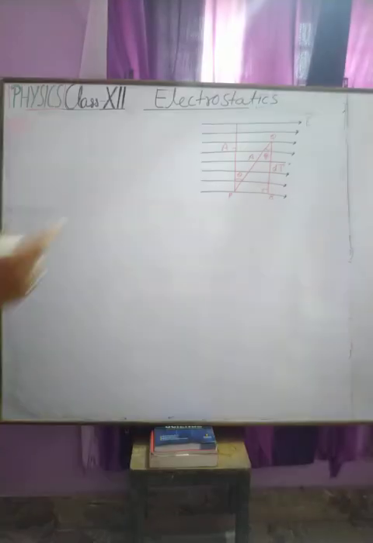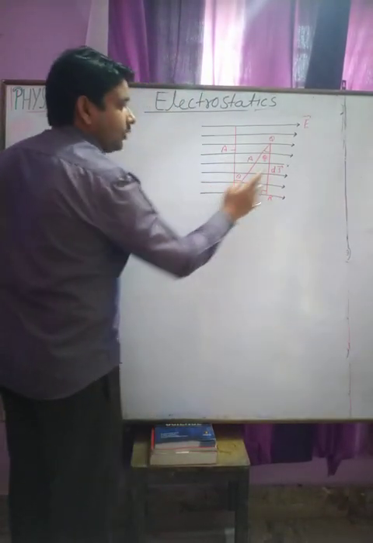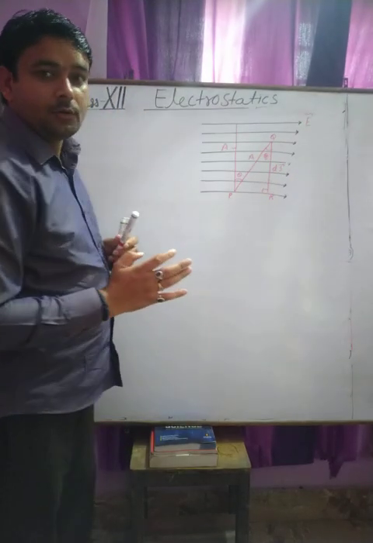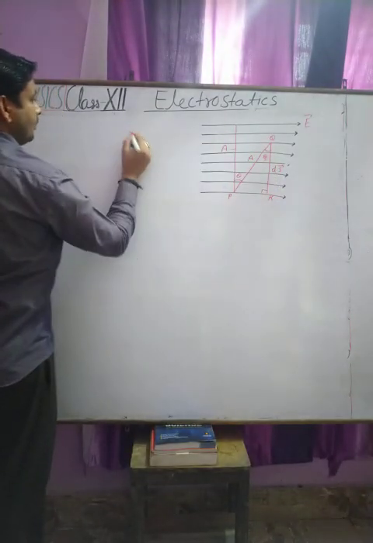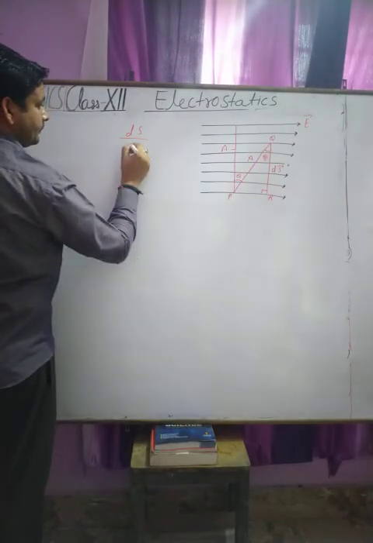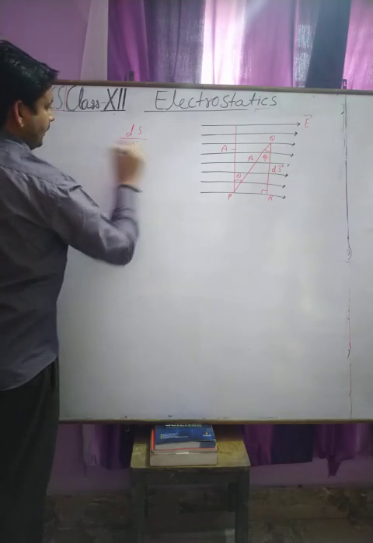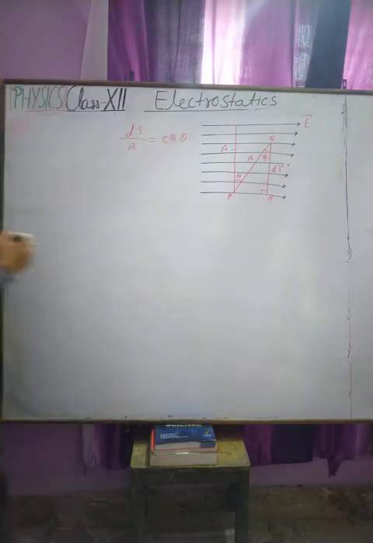Okay, student. Now we can calculate the ratio of dS upon A. Therefore the ratio of this dS upon A is equal to cos theta.